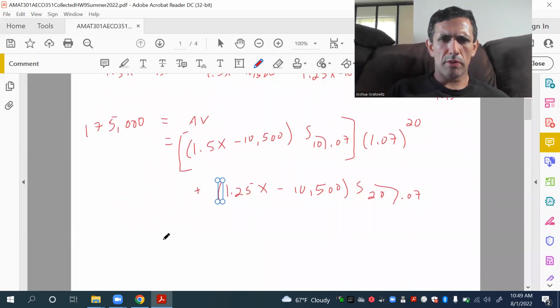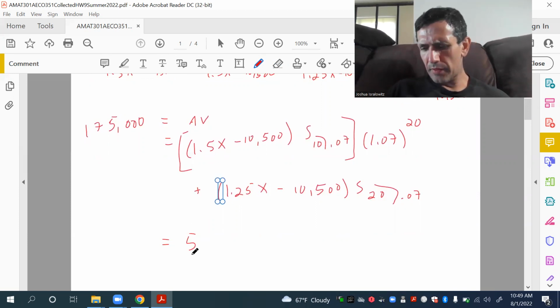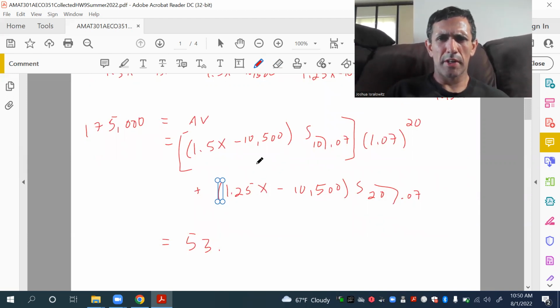Okay, so this is going to be 53. One person had this and then had a question mark. If anything, if you don't want to use a calculator, just plug into your formulas for S10 at 7% and S20 at 7% and just solve for x.